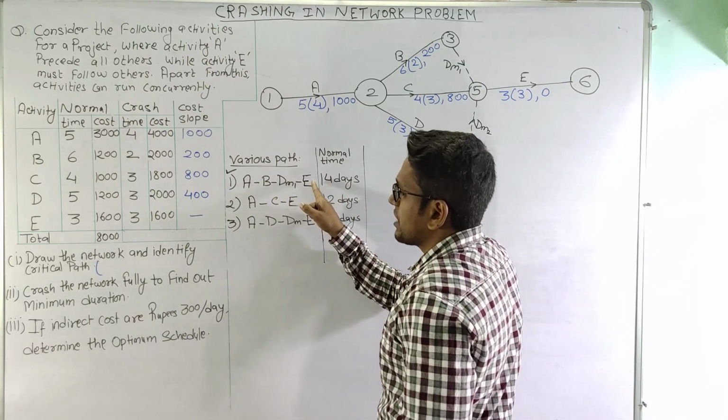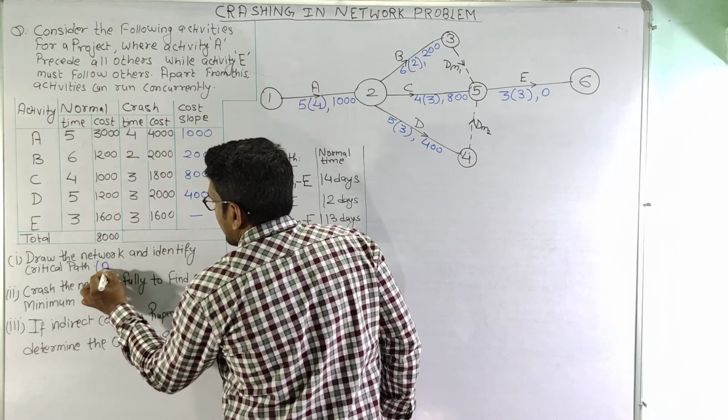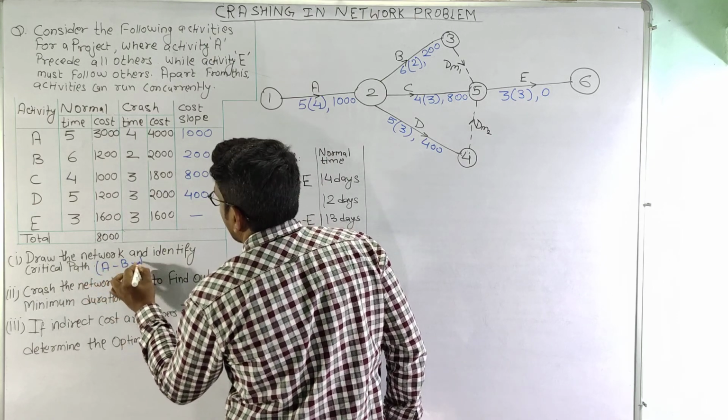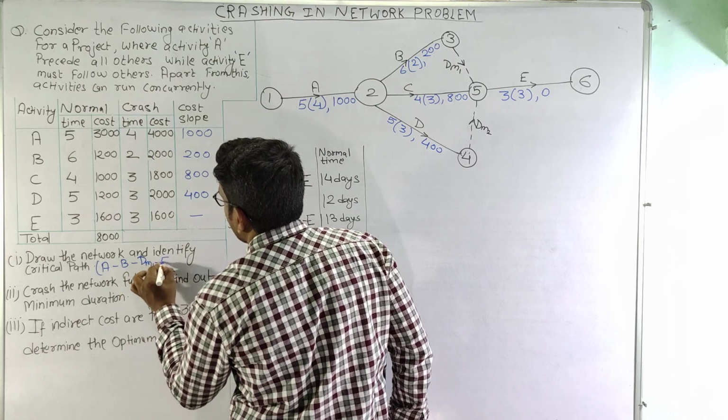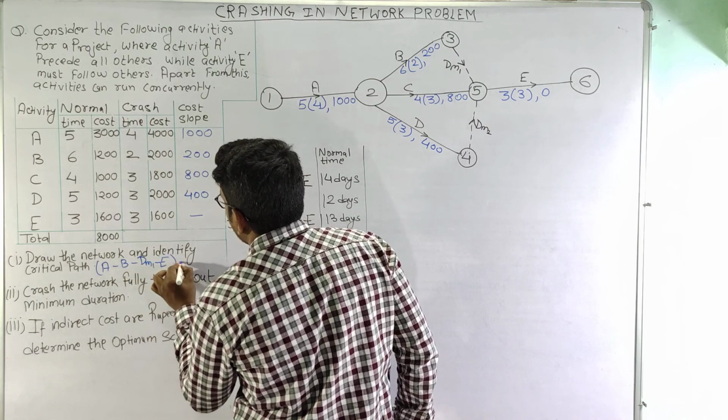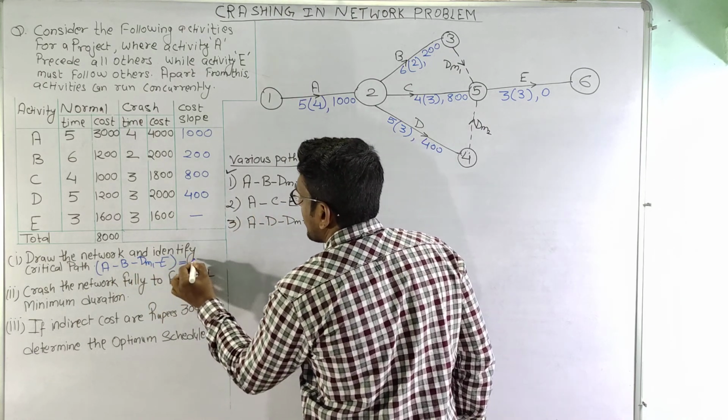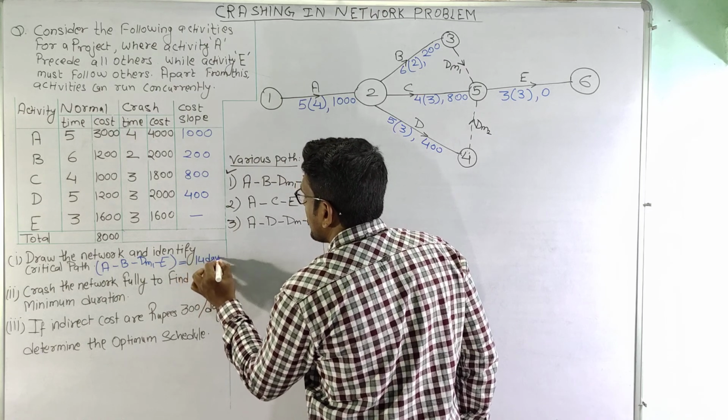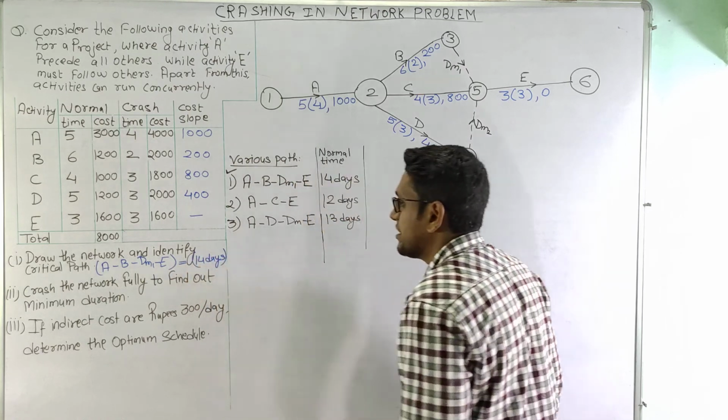So this will be our critical path. So I am writing here A, B, dummy and E, which is equal to 14 days. So the first part is completed.